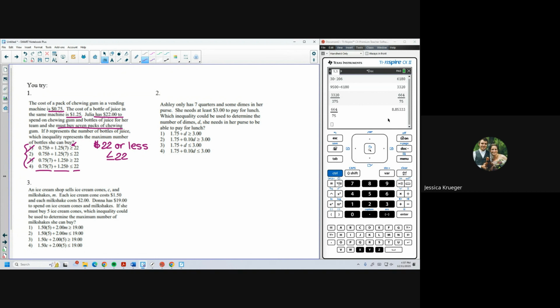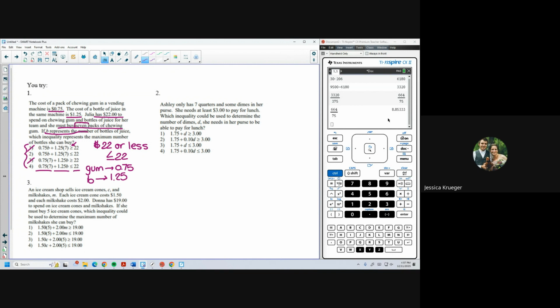The next thing is going to be a little bit of organization. So I've got gum, which is 75 cents. And I've got bottles of juice, which they tell me are B, and those are 125. I noticed there's a 7 in there. Where does that come from?